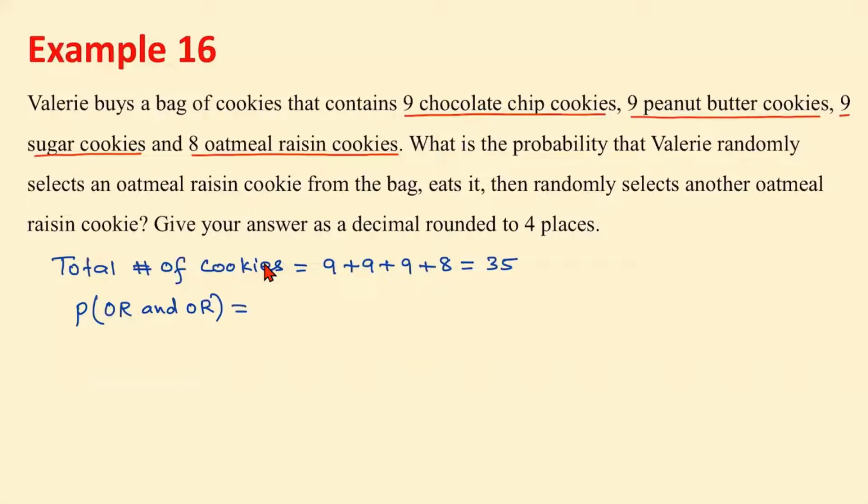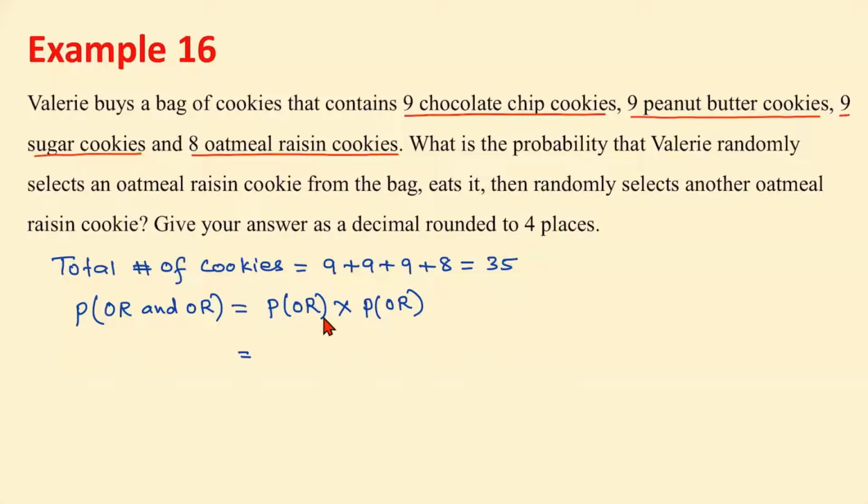So oatmeal raisin and oatmeal raisin. By the multiplication rule, it is the probability of getting the first one, oatmeal raisin, times the probability of getting the second one, oatmeal raisin. You can see there are 8 oatmeal raisin cookies out of 35.